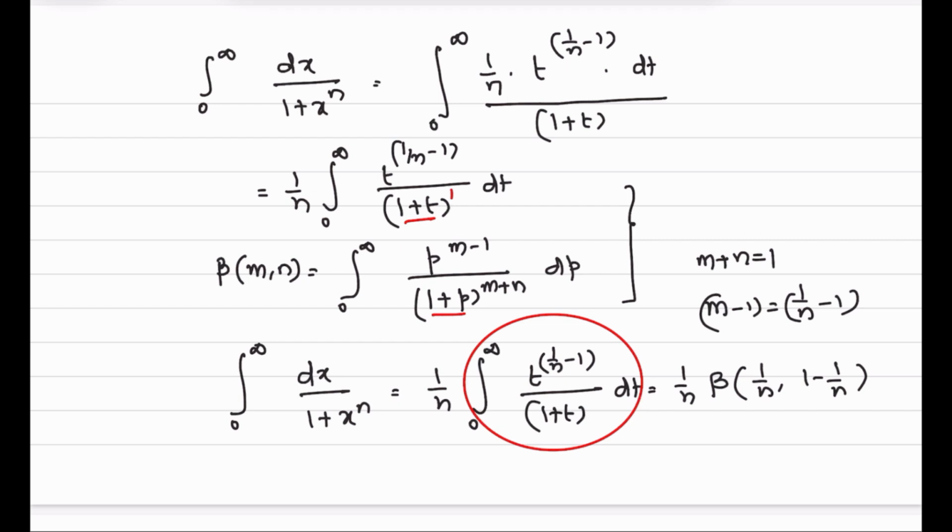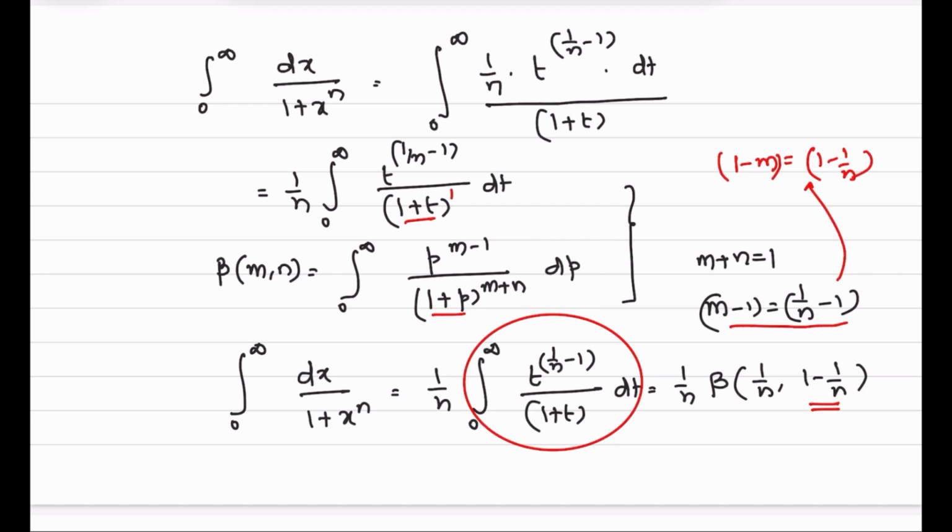From this, you get 1 minus m is equal to 1 minus 1 by n. This is what we have got.